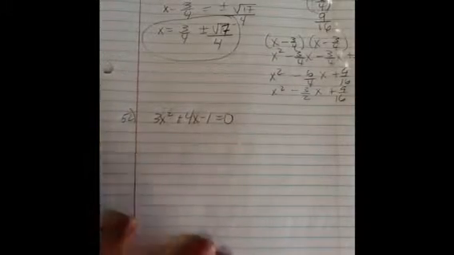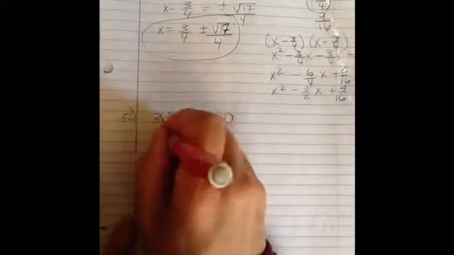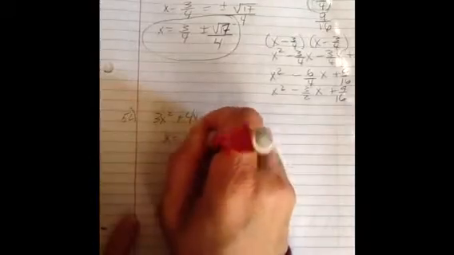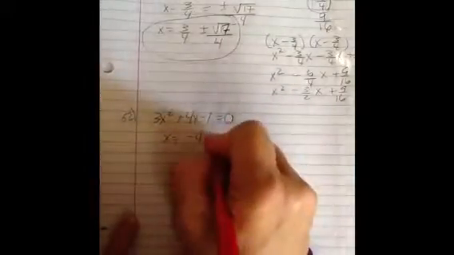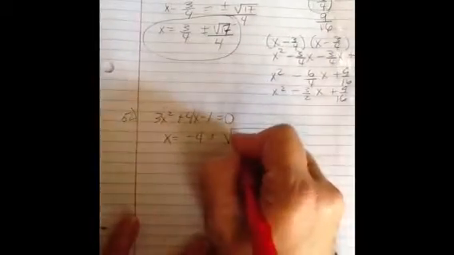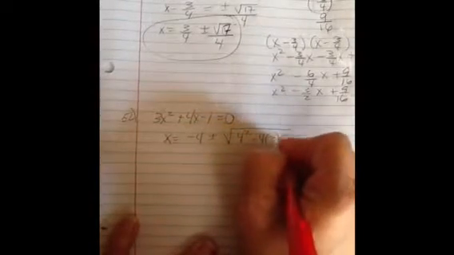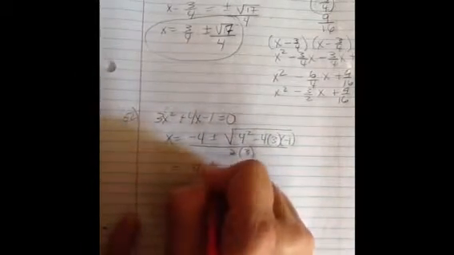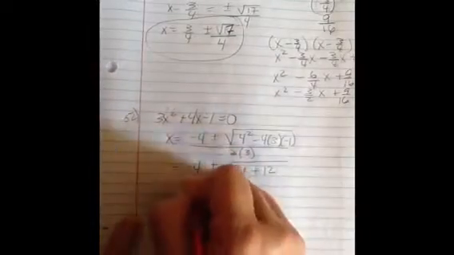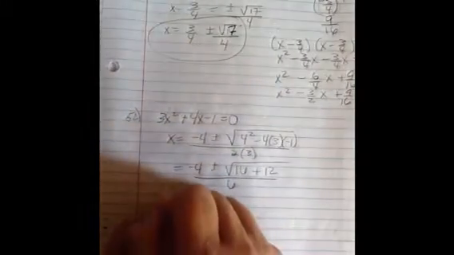In problem 52, we're just going to use the quadratic formula. X equals -b plus or minus the square root of b squared minus 4ac all over 2a. -4 plus or minus 16 plus 12 all over 6.